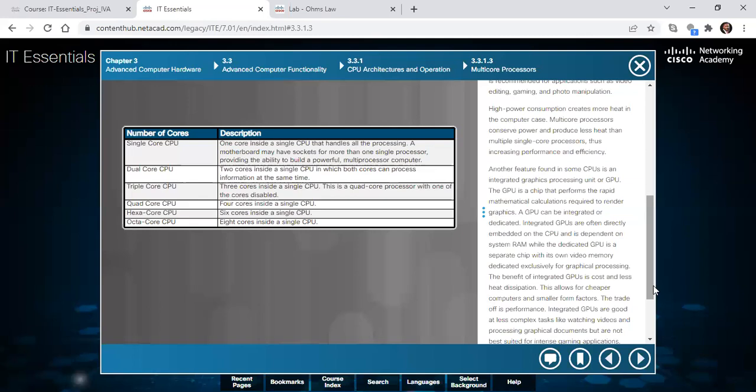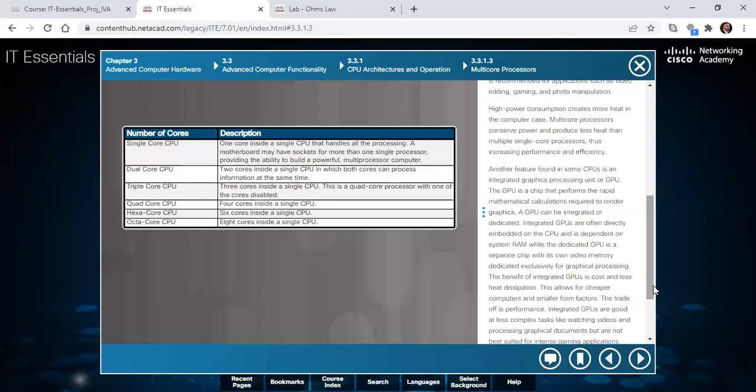All right. So another feature found in some CPUs is an integrated graphics processing unit called a GPU. Some CPUs come with a graphic processor unit. So what is this graphic processor unit? The GPU is a chip, okay? A chip that performs the rapid mathematical calculation required to render graphics.